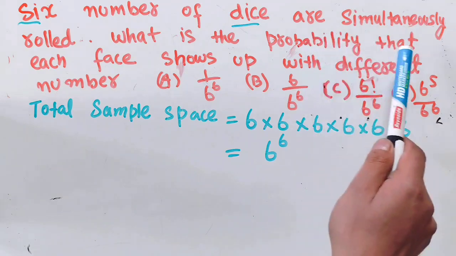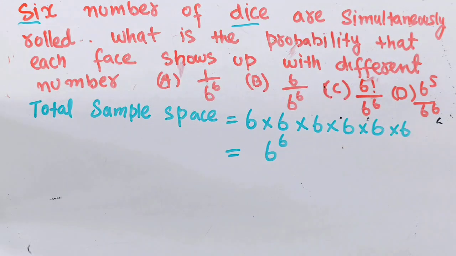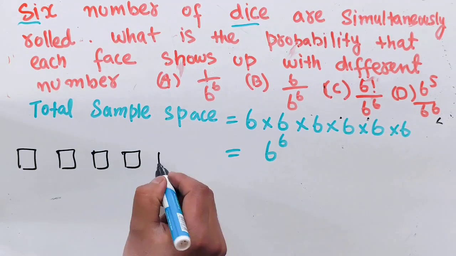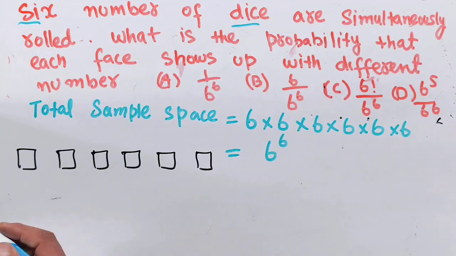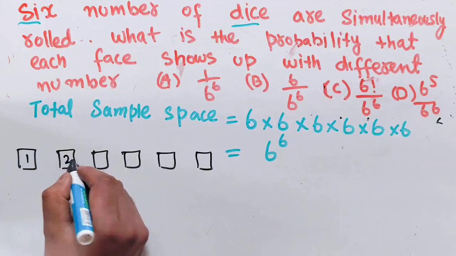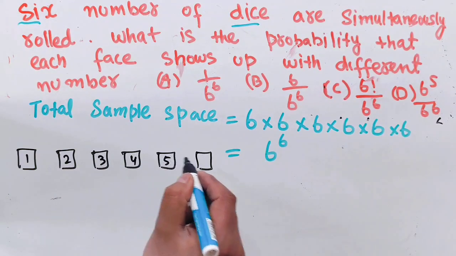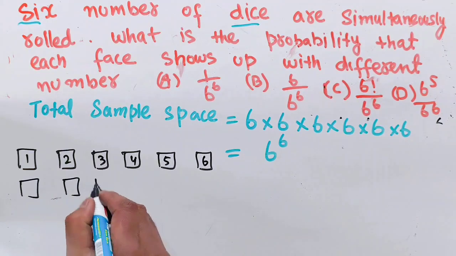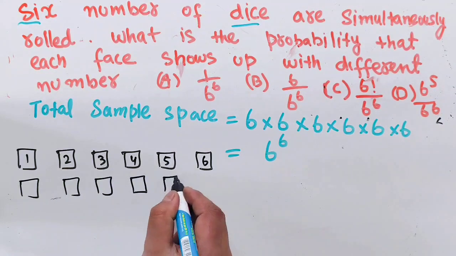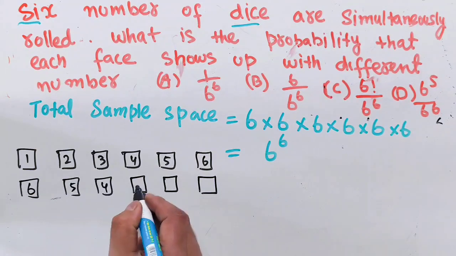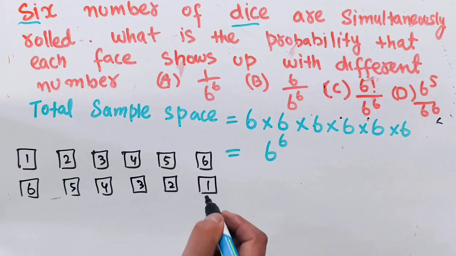Now we have to find out the probability that each face shows up with a different number. Let us say we have 1, 2, 3, 4, 5 and 6 dice. Since the numbers should be different, 1 2 3 4 5 6 can be one order, another order can be 6, 5, 4, 3, 2, 1.